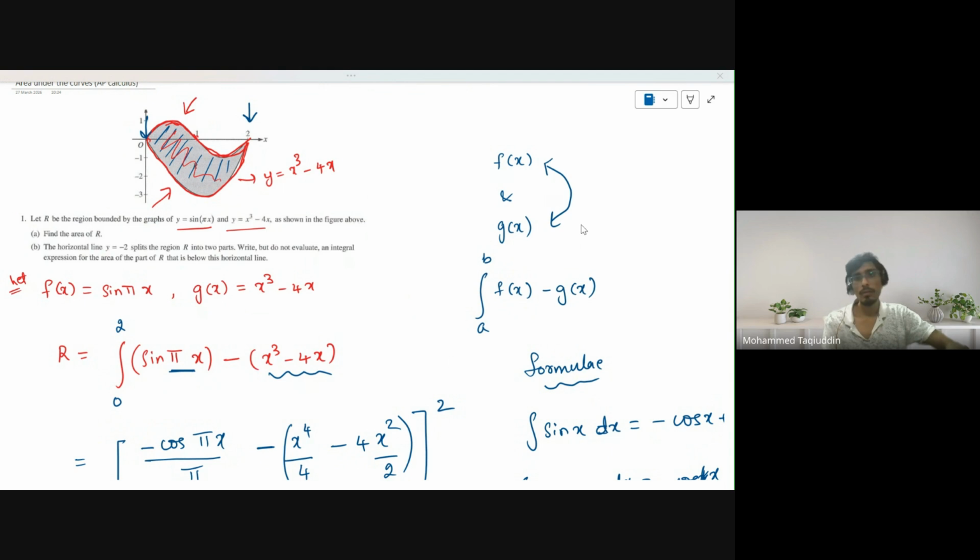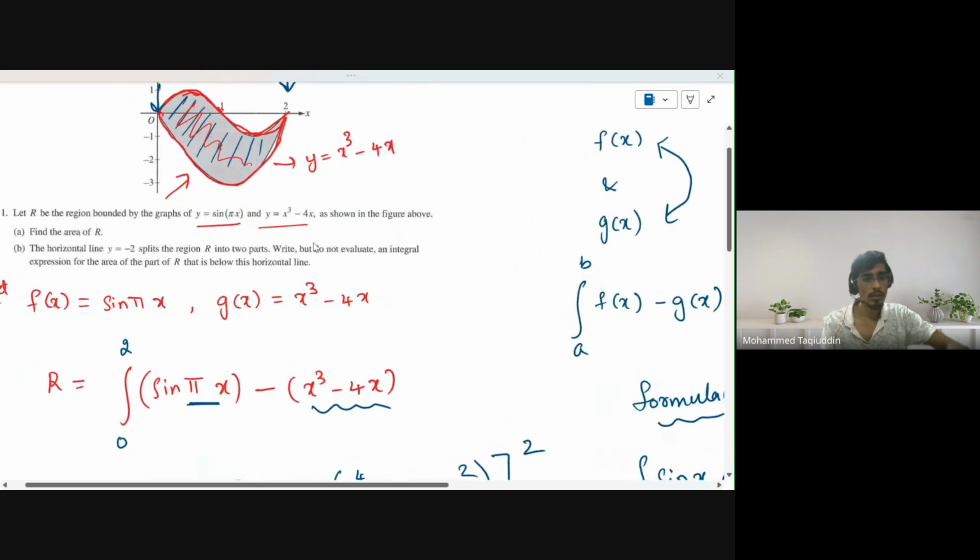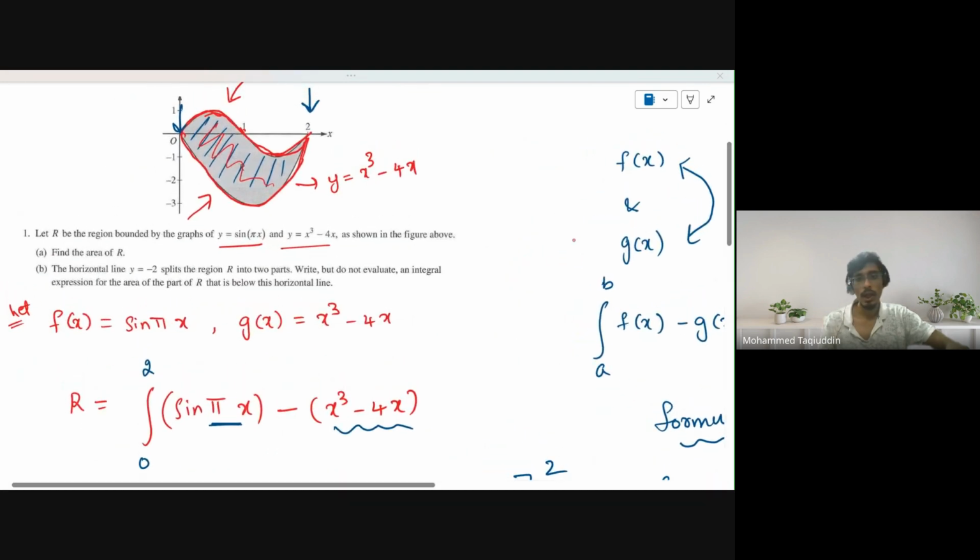Now question number B is going to be quite interesting. This is not going to be an easy one. The horizontal line y equals negative 2 splits the region R into two parts.